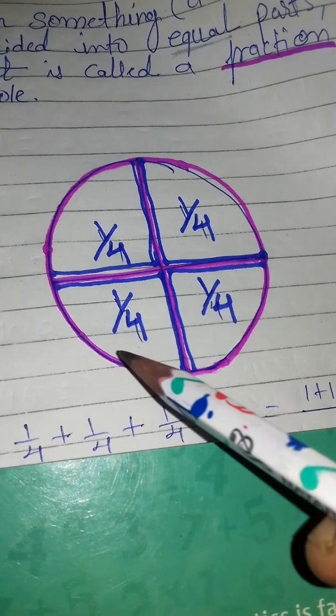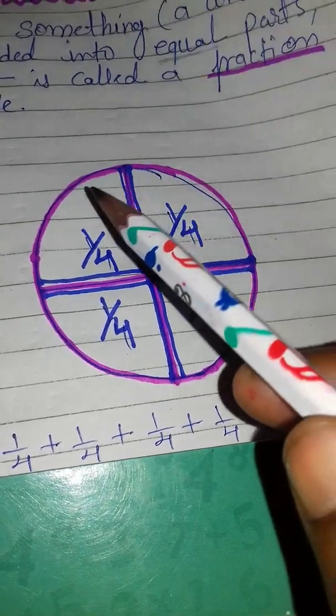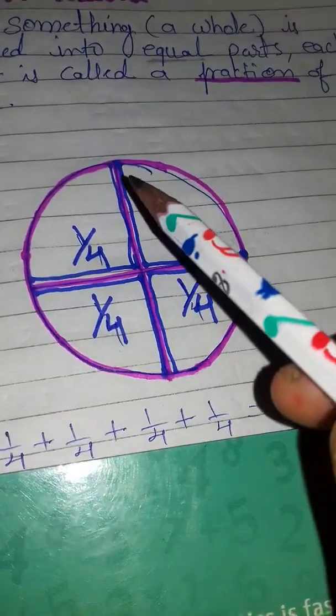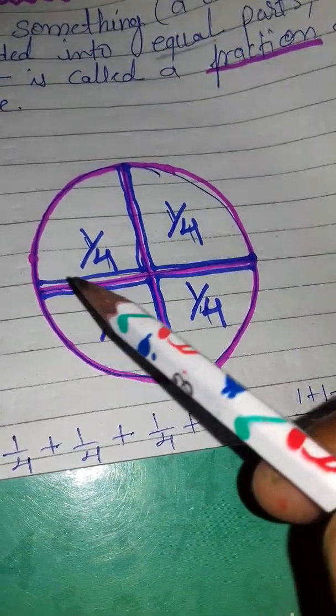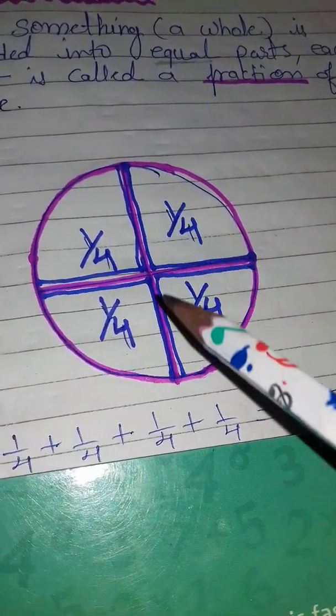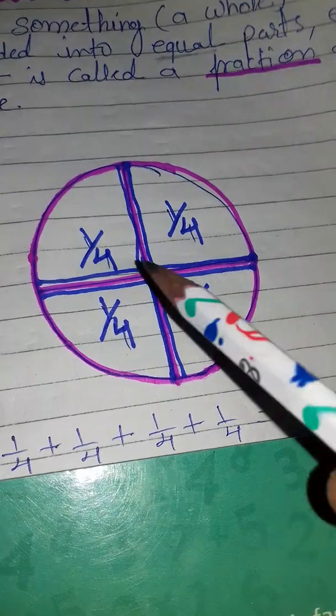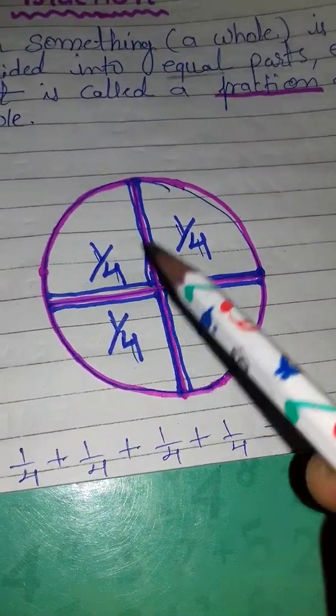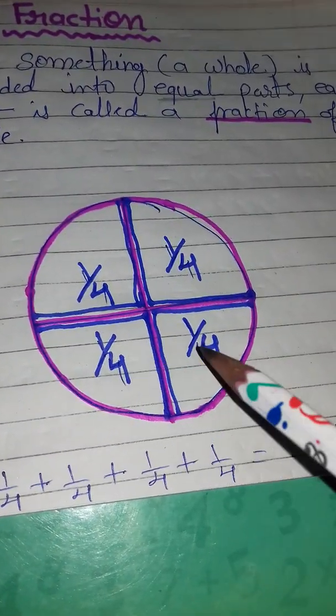For example, this you can say is a circle. If you divide it into 4 parts, each part is a fraction of the whole.